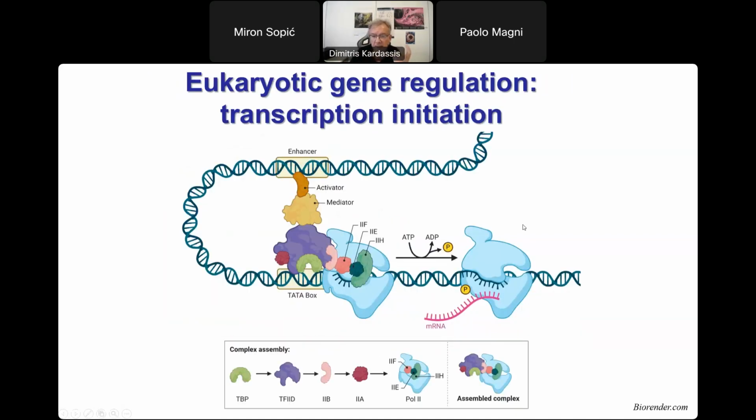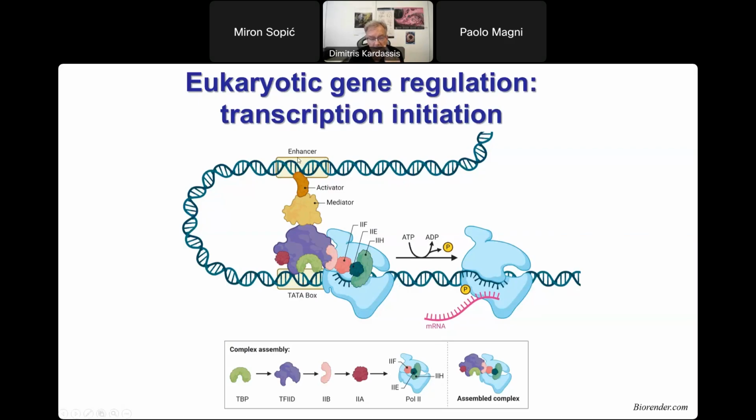In this next slide, we see essentially the same things. We see the gene, the RNA polymerase II, which has started transcribing. As you can see here, mRNA is produced. We see the TATA box, which is the region where RNA polymerase II and its associated proteins bind. We see the mediators. And another thing that we see here is an enhancer.